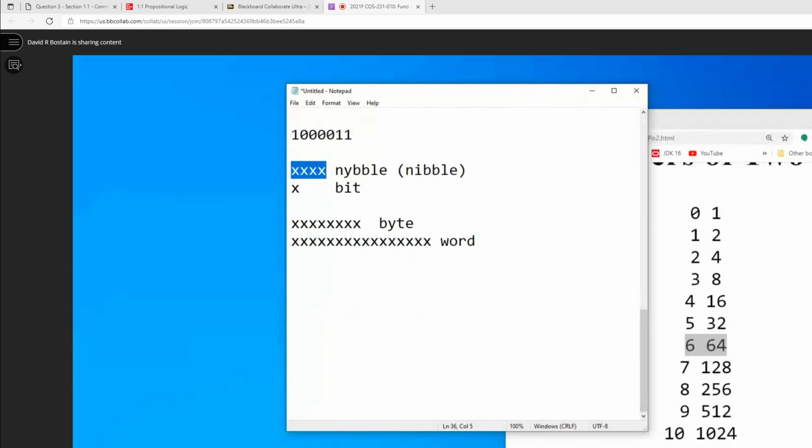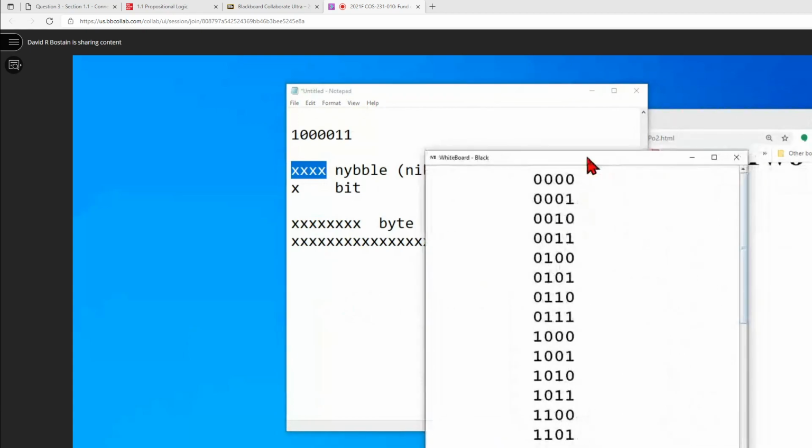Now, let me show you some nibbles. I just happen to have some written out here on another screen. So, if none of the bits are turned on in the nibble, the value of that is 0. If only the bit which is 2 to the 0 is on, it's a 1.